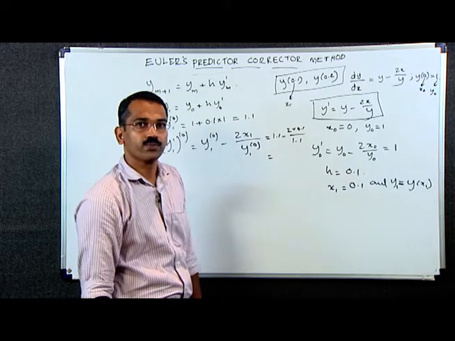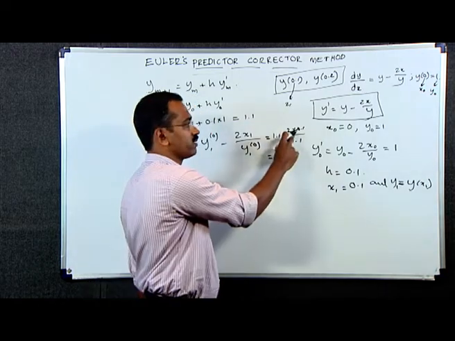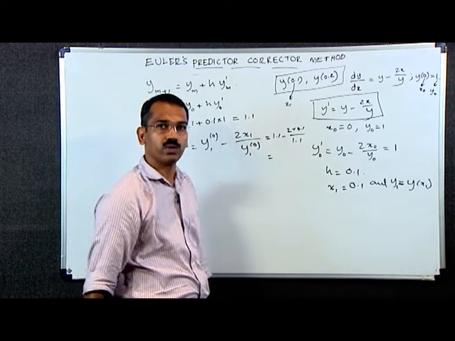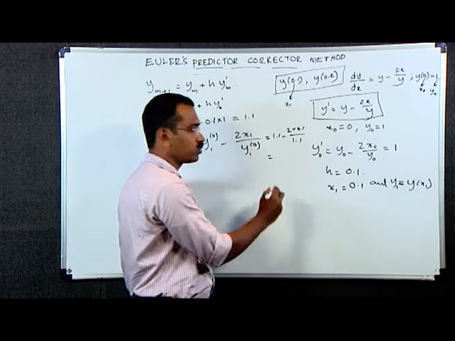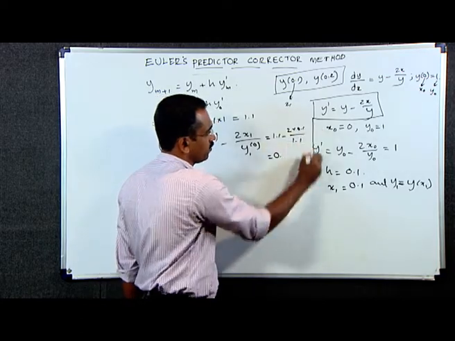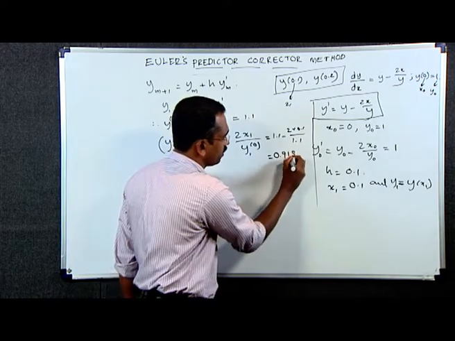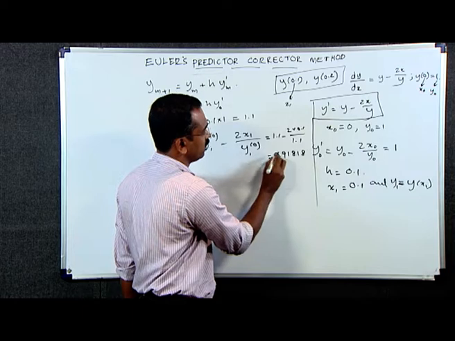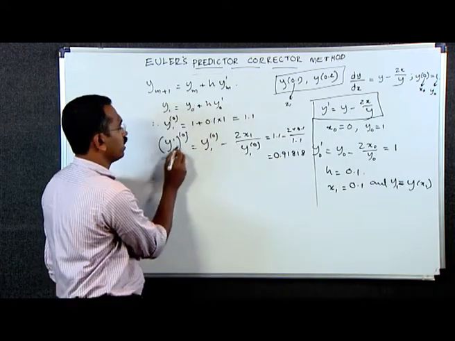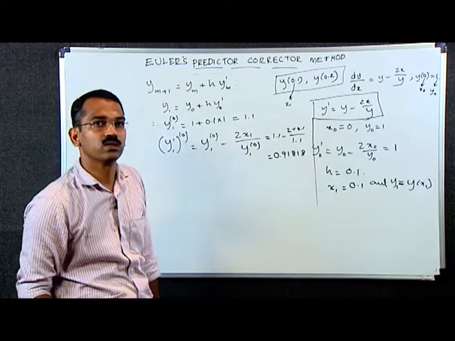This is equal to 1.1 minus 0.2 divided by 1.1, which is equal to 0.91818. On simplification, we get y1 dash superscript 0 as 0.91818.